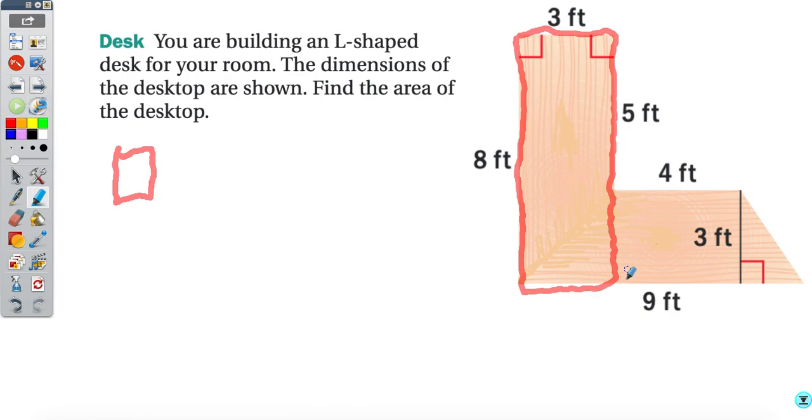Do the second one. Looking at this, I see a triangle right here, so I'm going to make this triangle my second shape. And I see I'm left with this rectangle in the middle.